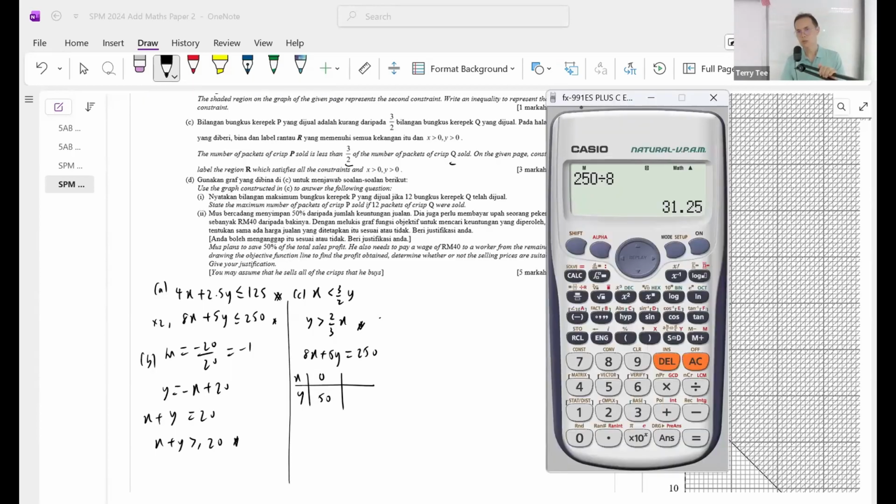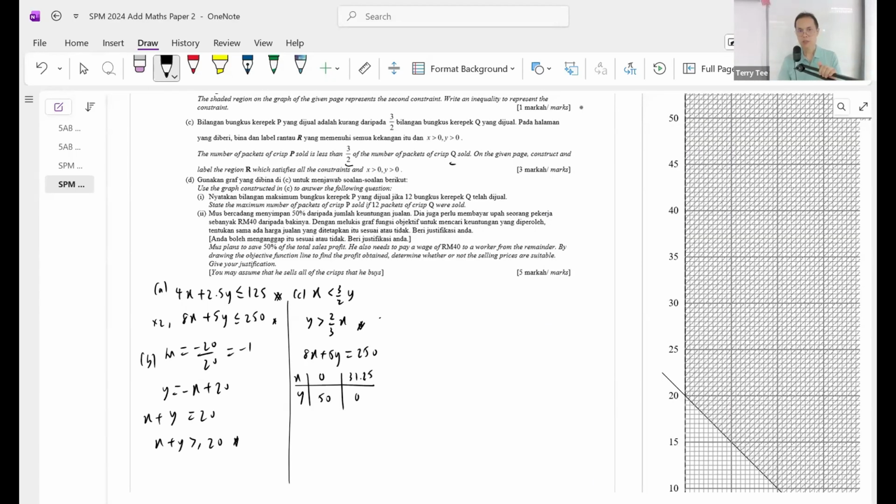You can use 31.25, yeah, but it's a bit hard to plot. You can use another point. Next, we use y equals 2 over 3 x. This one is easier. X equals 0, y equals 0. Take another point. Maybe use x equals 30, y will be 20. As long as you can fit within the graph paper.